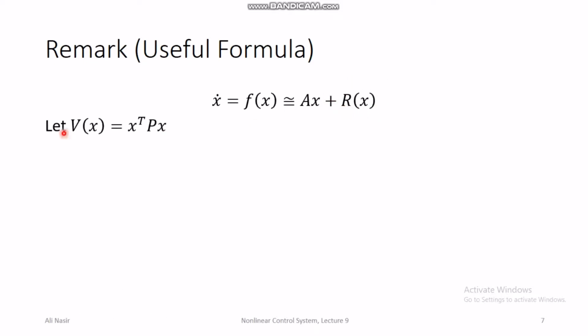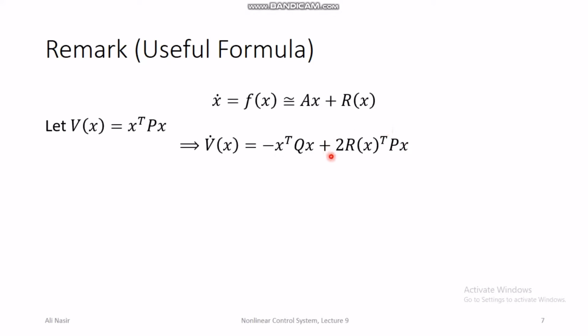So let's say V of x is equal to x transpose Px, and V dot of x is equal to minus x transpose Qx. But if we do not ignore the remainder part of the Taylor theorem, then the V dot will have this additional term in it.